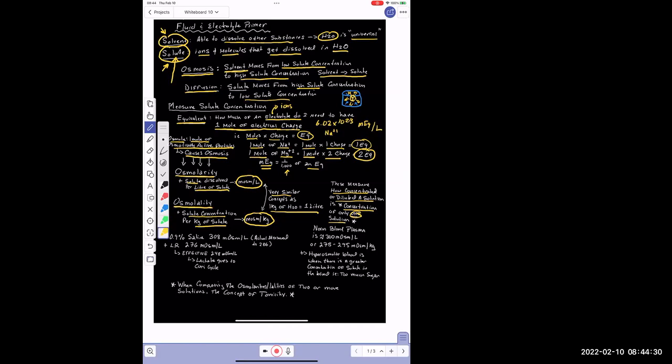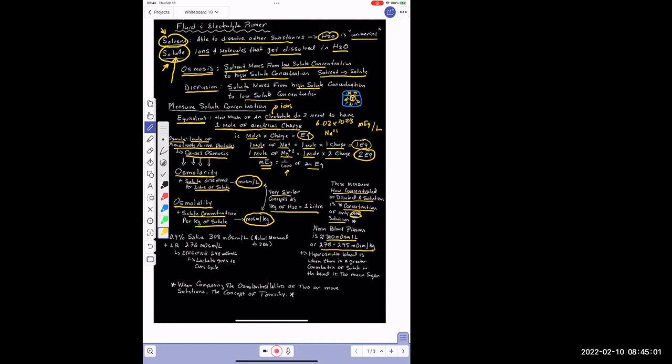And just to let you know, normal blood plasma osmolarity is approximately 300 milliosmoles per liter. Or if we're talking about osmolality, the normal blood osmolality is about 275 to 295 milliosmoles per kilogram. So you can see the values are very close to one another.